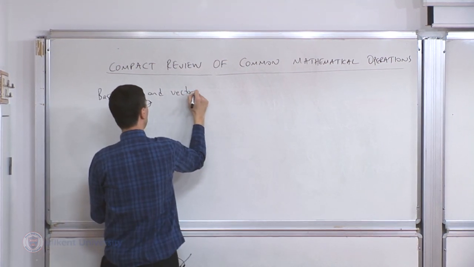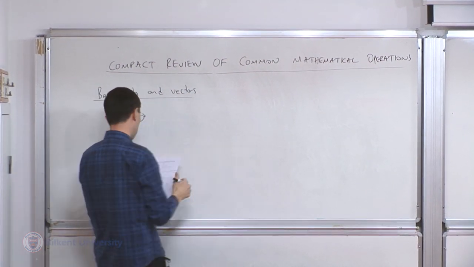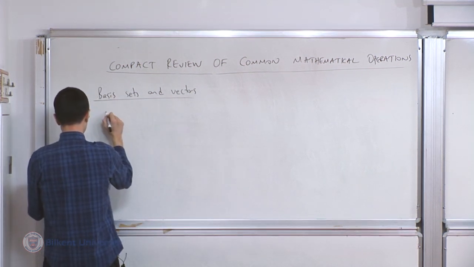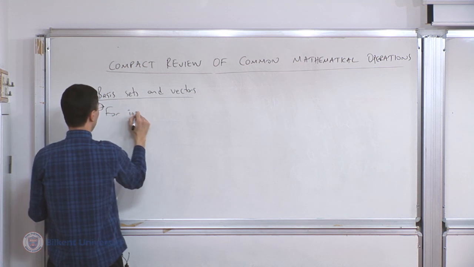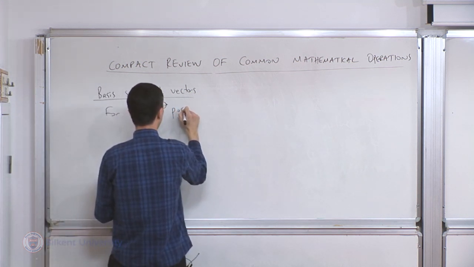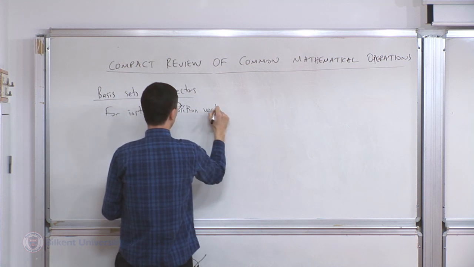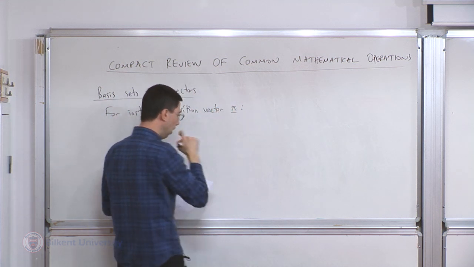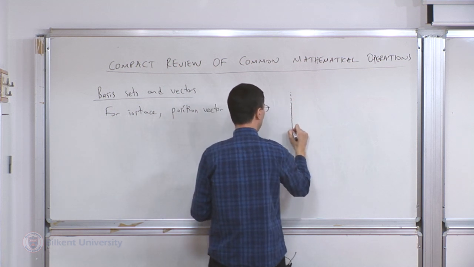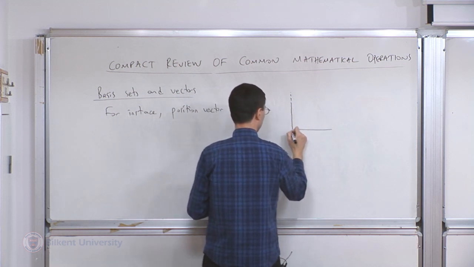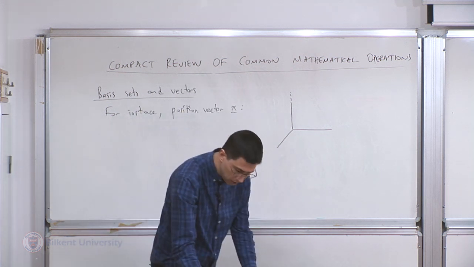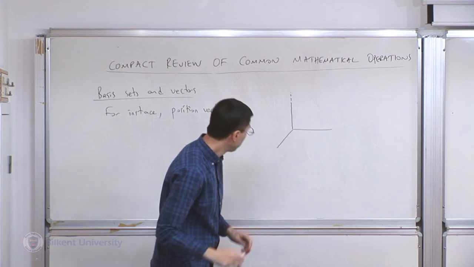So the first thing I'd like to talk about is basis sets and vectors. When we talk about a vector, probably the most popular vector one can talk about is the position vector. So I'll draw a coordinate system. This is our standard Cartesian coordinate system.